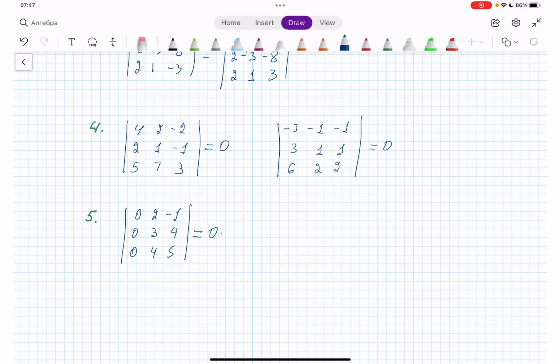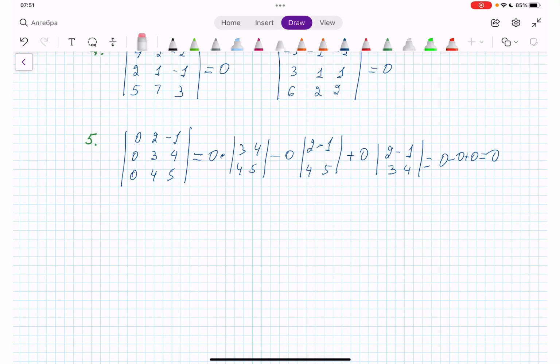Let's see, 0 times the determinant 3, 4, 4, 5, minus 0 times 2, negative 1, 4, 5, plus 0 times 2, negative 1, 3, 4. We are getting 0 minus 0 plus 0 equal 0.